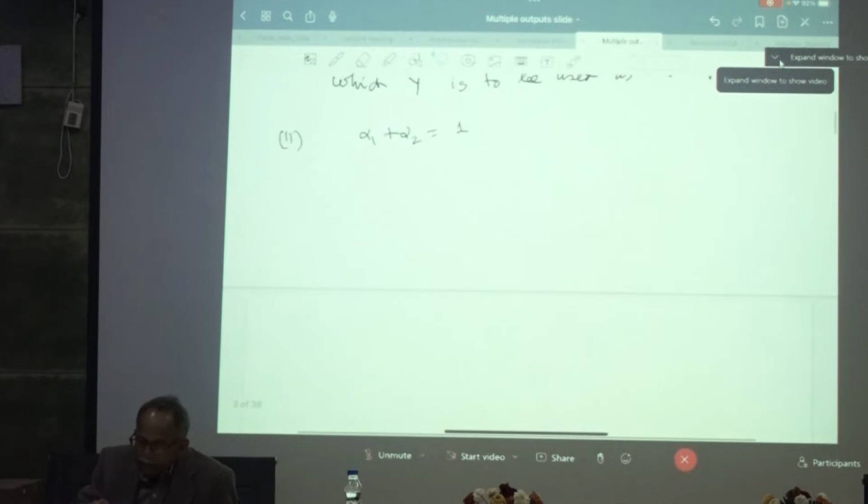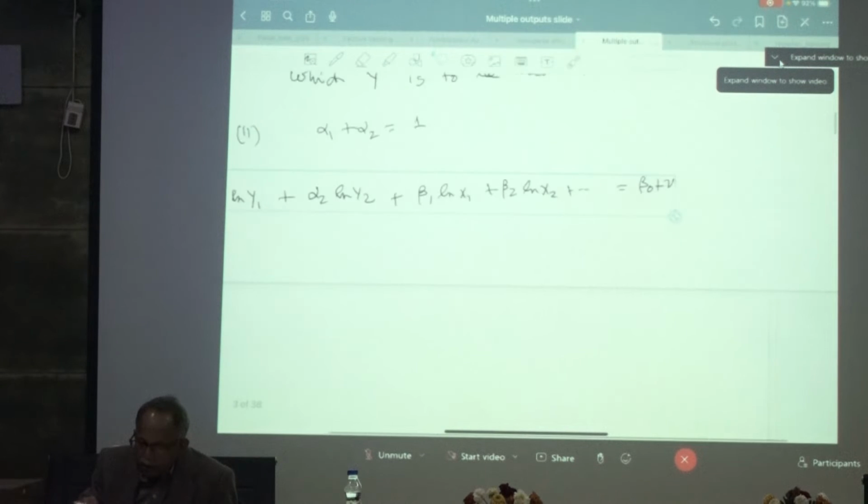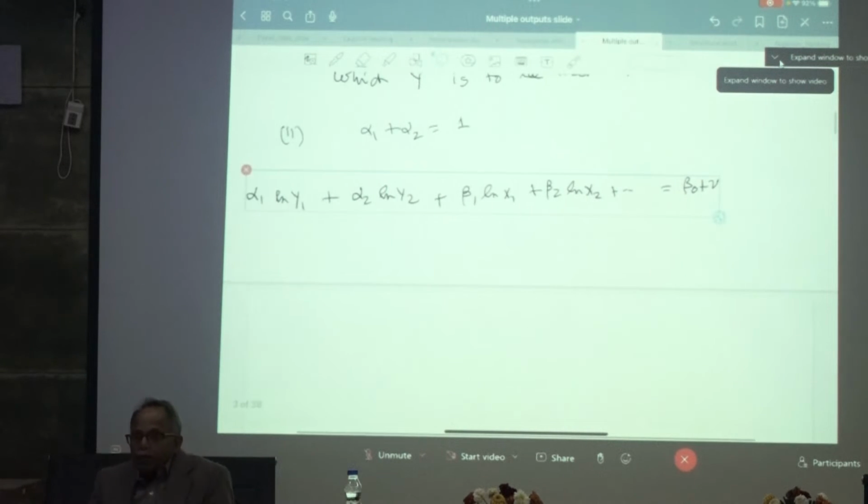So this was the equation that I started with, right? And then again I'm just saying that I'm going to be using alpha 1 plus alpha 2 is equal to 1 as my normalization.